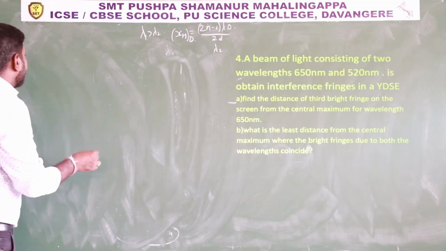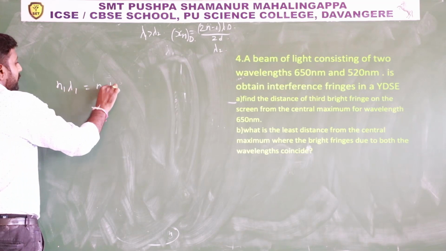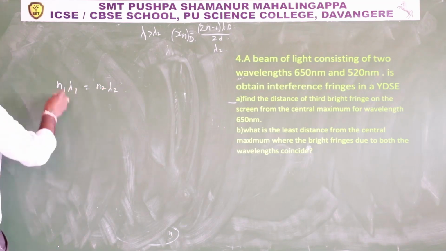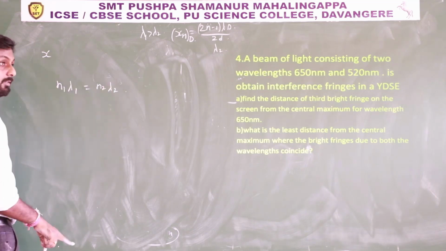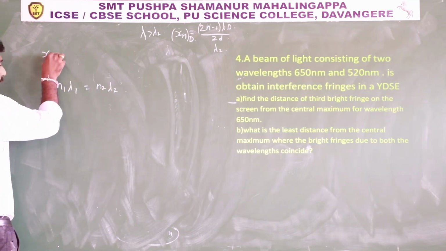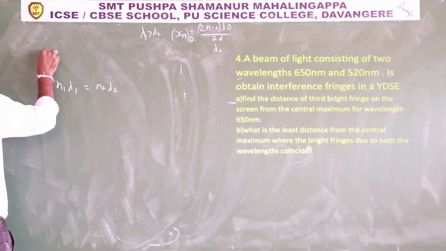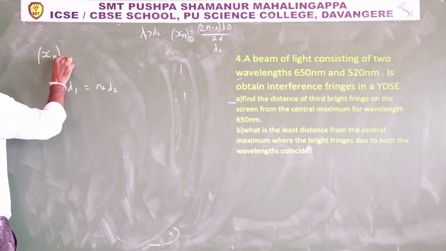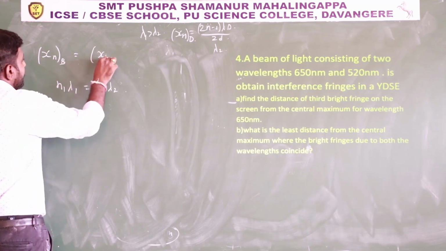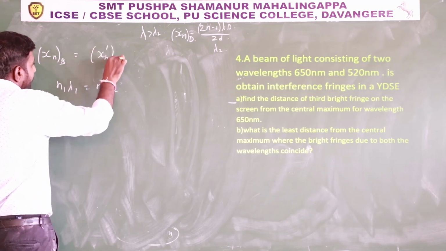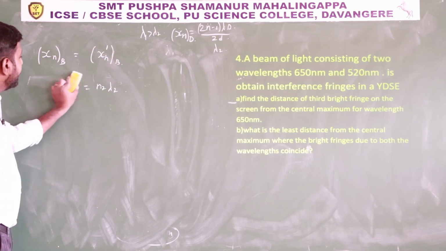For that you apply the direct formula: n1 lambda 1 is equal to n2 lambda 2. Or you consider, for the bright fringes, x n b equal to x n dash b. This is for the first wavelength, and this equation for the second wavelength.